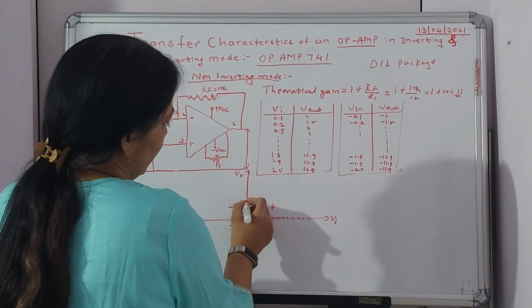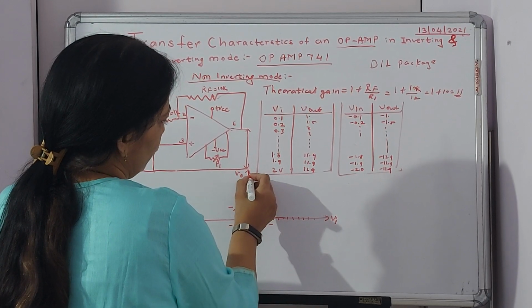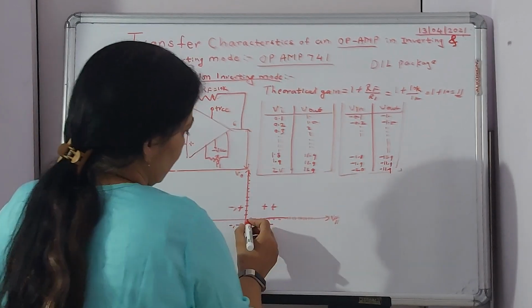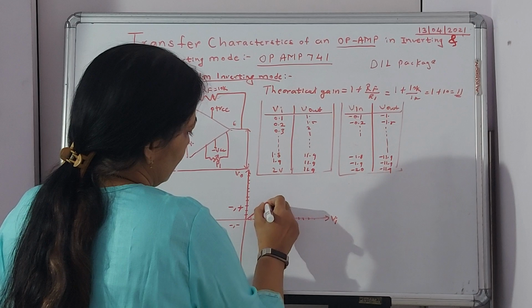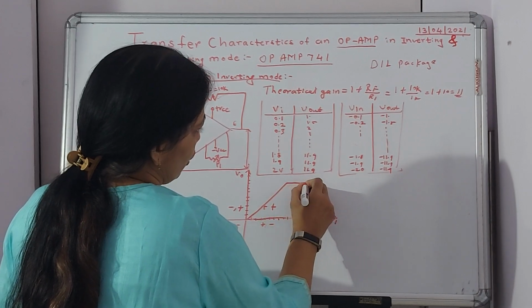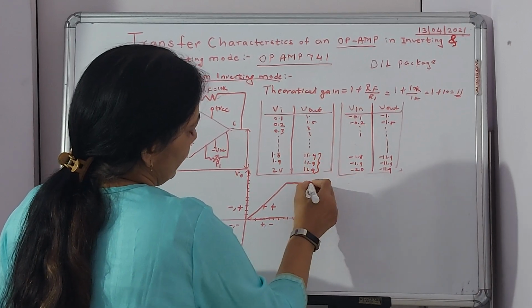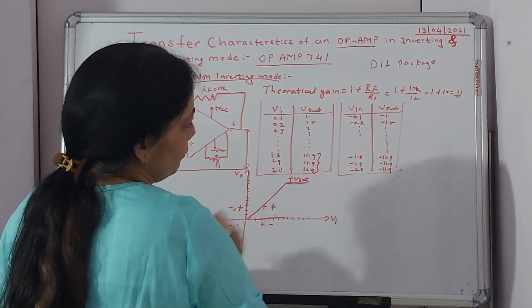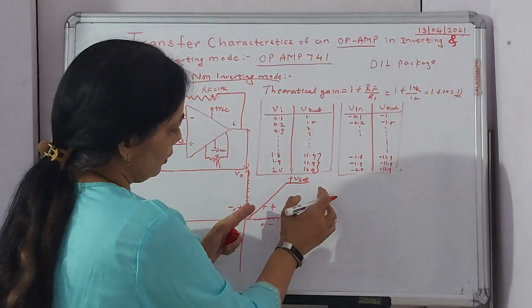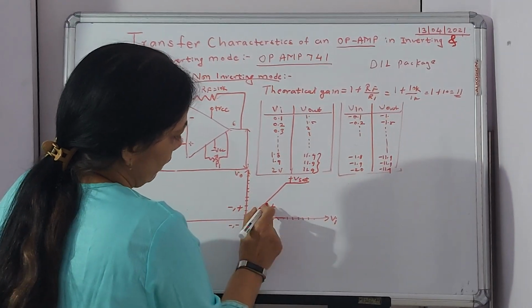Even my output will keep on changing and I'll get the values over here. So in the first part, as you increase the input, output also will increase, and later it will become saturated at these values. So I can say this is my Vsat positive. This is the first half. This is my first quadrant.